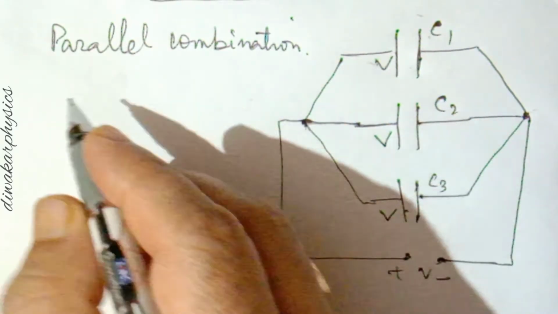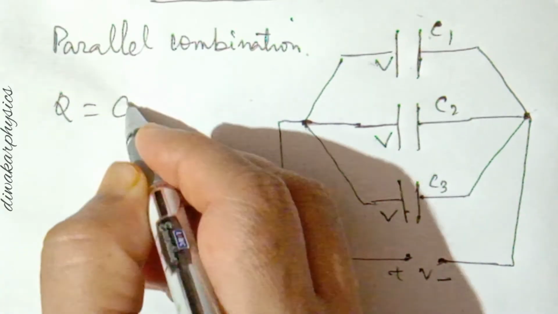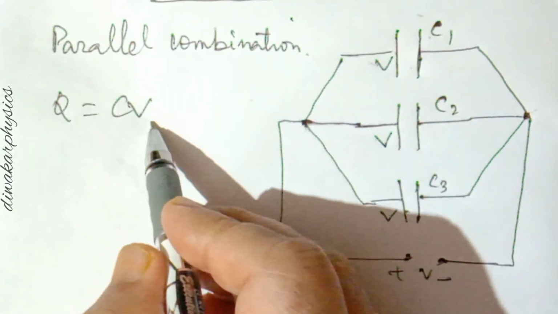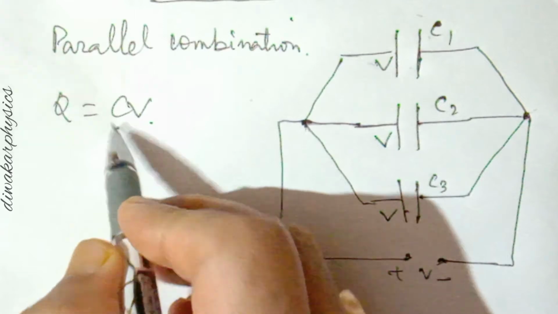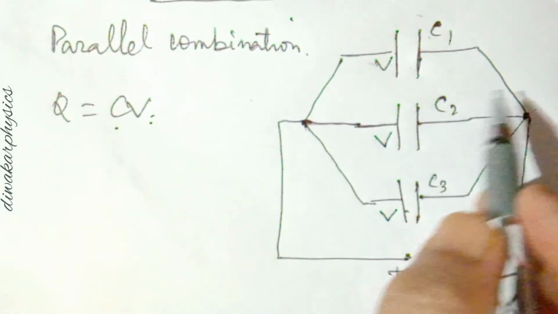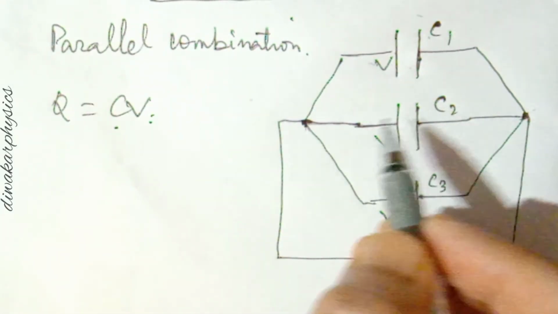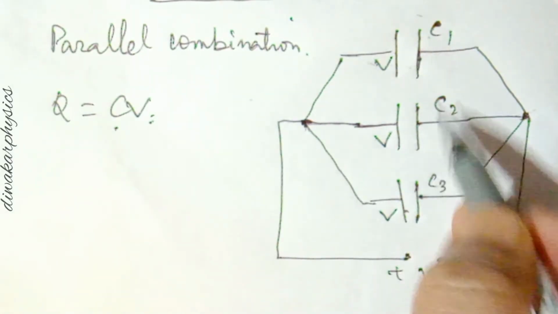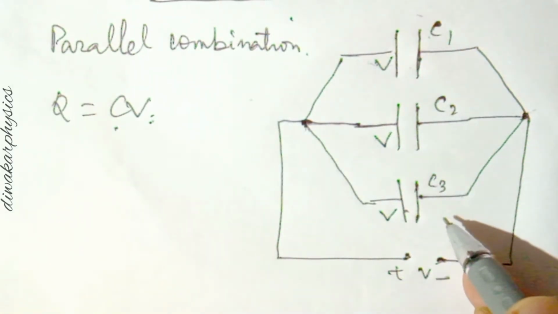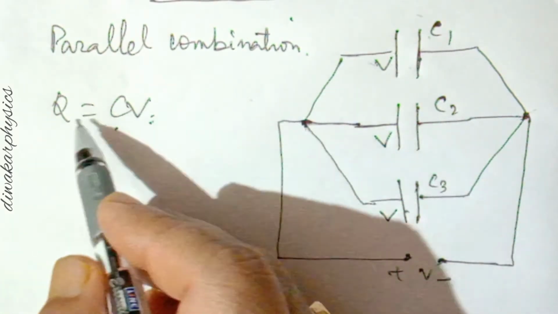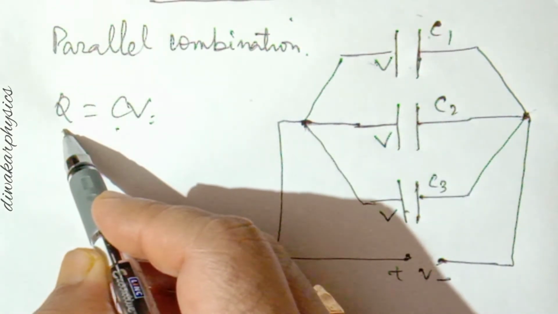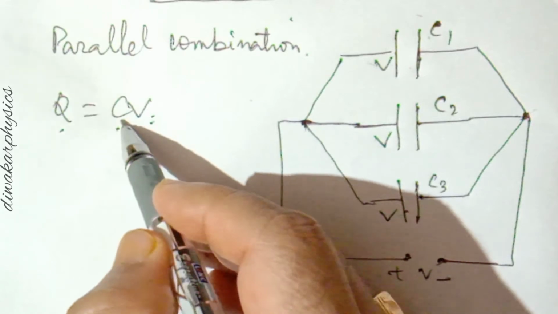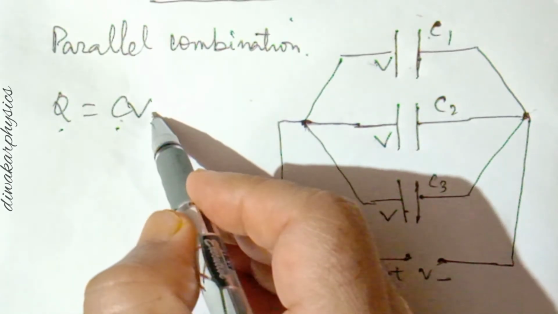Now as you have Q is equal to CV, V is the same, C is different. V is the same because they are connected between the same points, but C is different, they are different capacitors, so Q must be different, because C is different though V is constant.